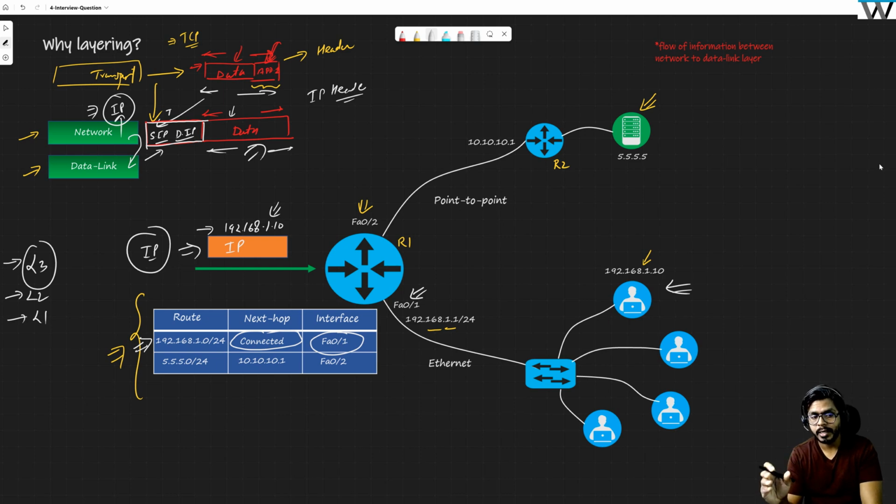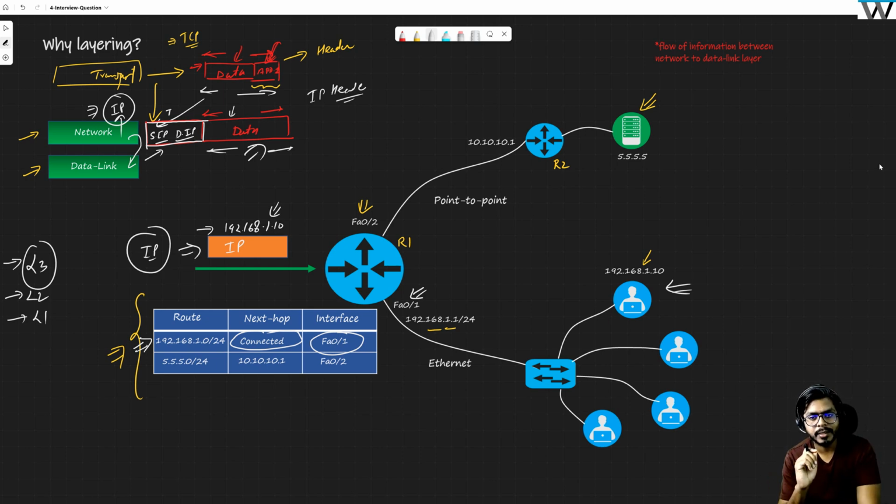So if I say a switch is working at layer 2, it means it understands layer 2 as well as L1, but it doesn't have the capability of understanding layer 3. But here we are talking about a layer 3 device, which is a router. A router can understand layer 3 and layer 2. It is as simple as that.